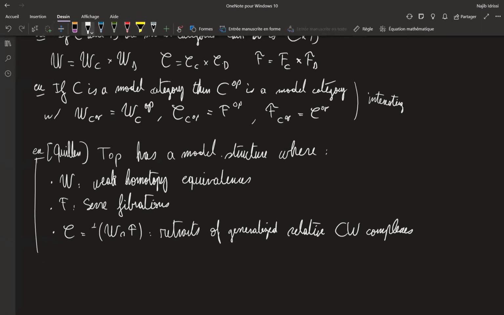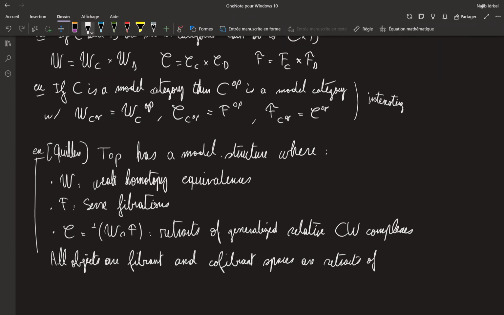Well, and so when you have a model category like this, as I said, what you really want are models. And so it's typical to describe fibrant and cofibrant objects. So here, all objects are fibrant, and cofibrant spaces are, well, retracts of generalized CW complexes.